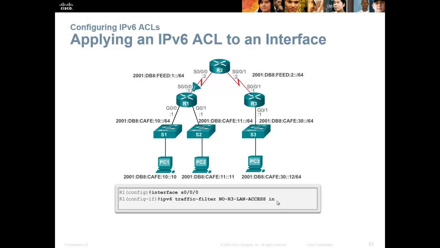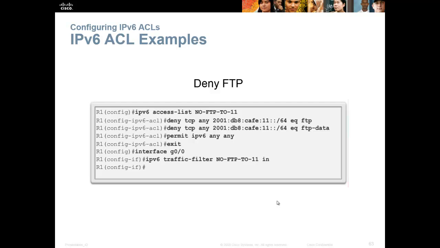Here's the whole thing laid out. Here I'm trying to deny FTP. IPv6 access-list, no FTP to client 11 or the server 11. I create the access list, then deny TCP any host coming from this network equal to FTP, and then anything from this network equal to FTP data, and then permit everything else.